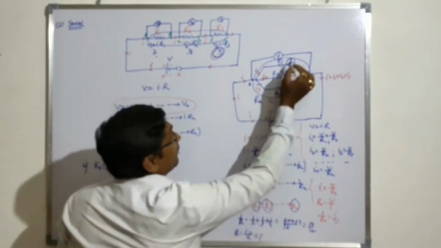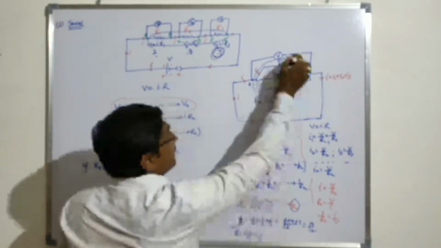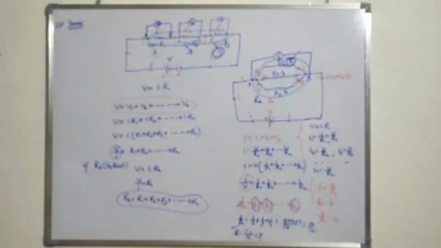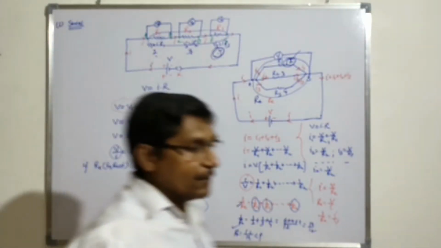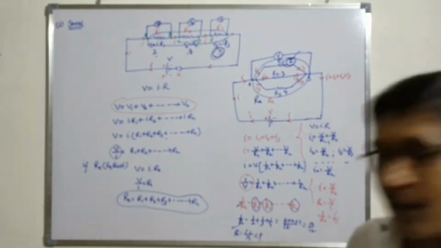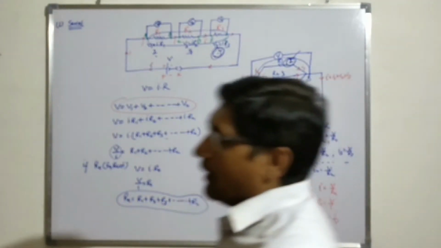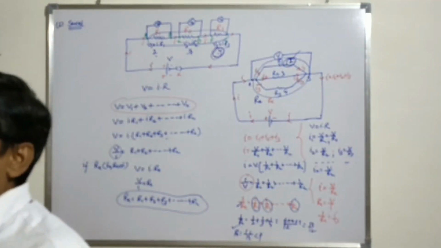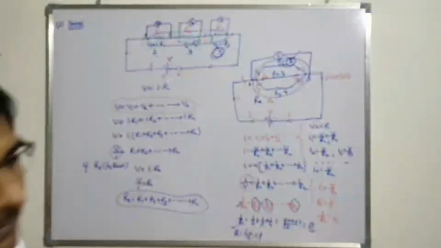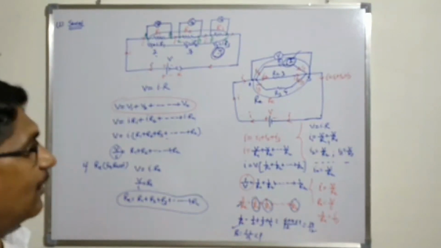So the minimum individual resistance is 2 ohm and the equivalent resistance is less than this minimum value. That means when we want to increase resistance, we use series combination, and when we want to decrease resistance, we use parallel combination. In household electricity, all appliances are connected in parallel, like fan, electric bulb, etc.